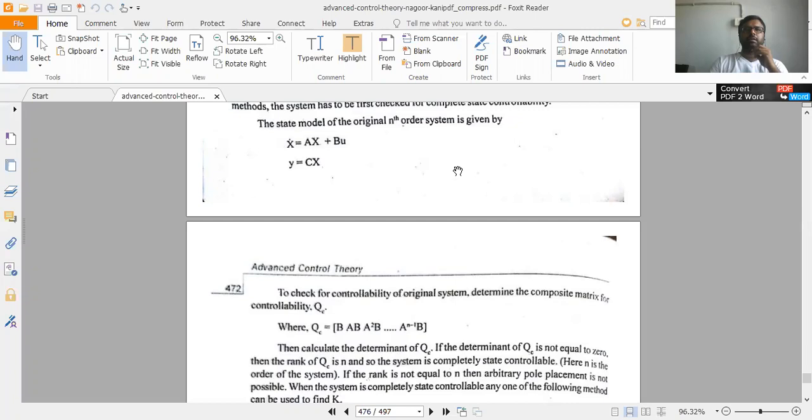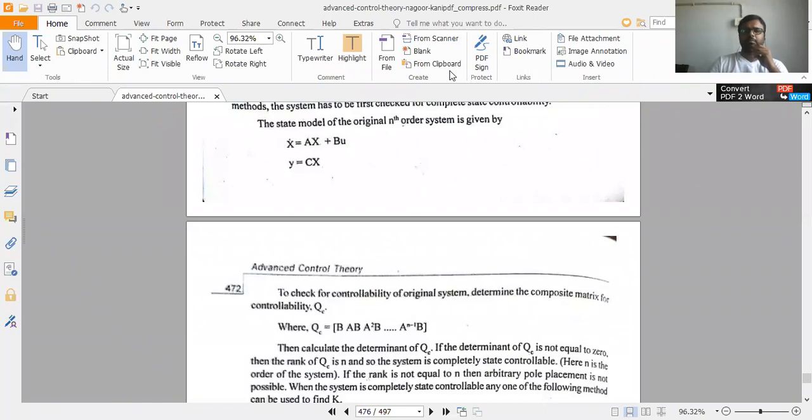We have to calculate the determinant of this matrix. If it is not equal to 0, then we can say that the system is controllable. So before calculating the state feedback gain matrix capital K, the system has to satisfy the controllability property.